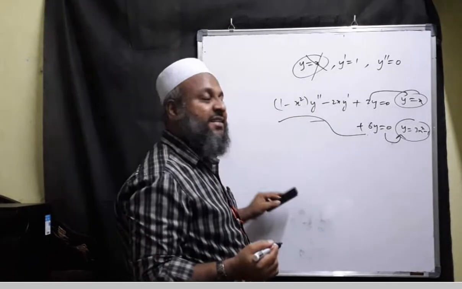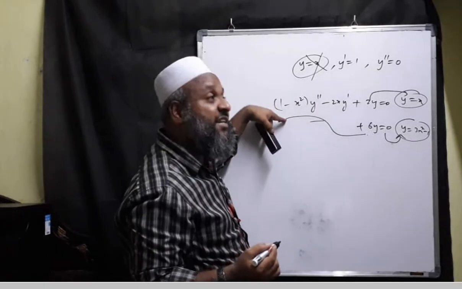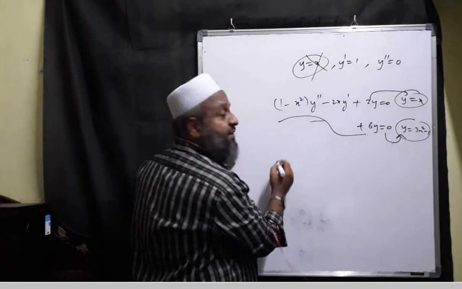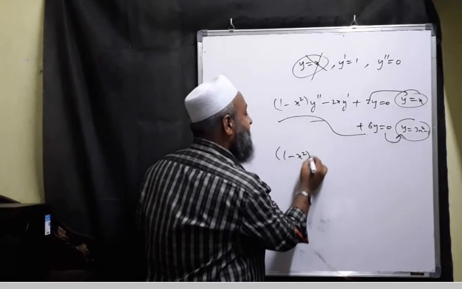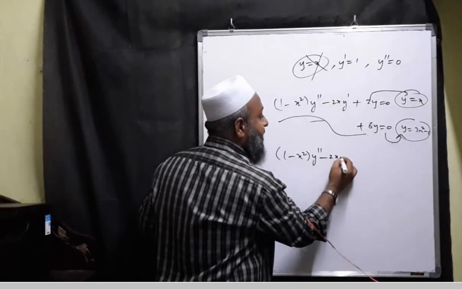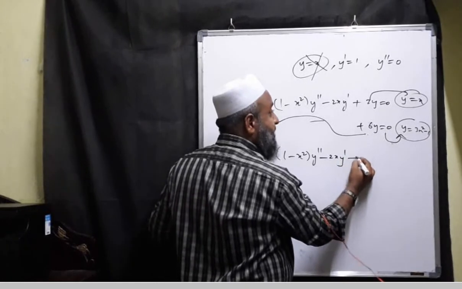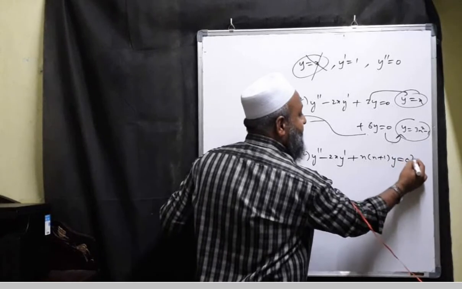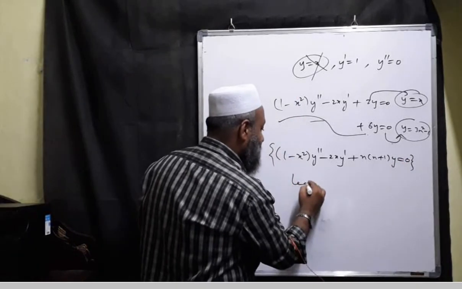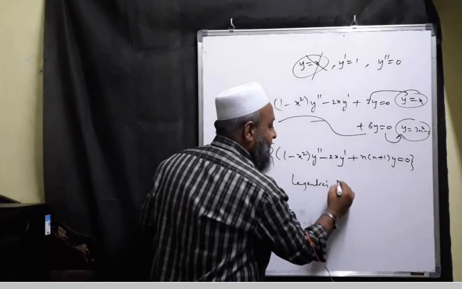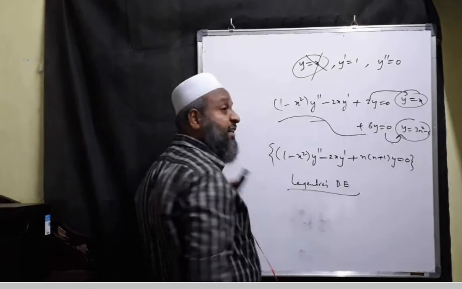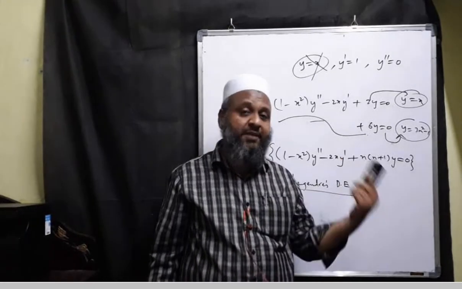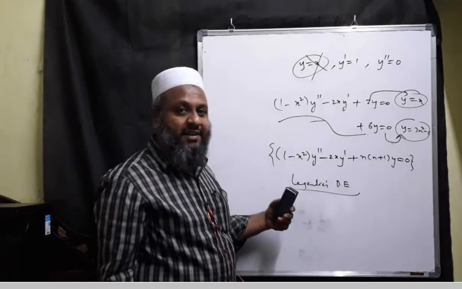The topic is, it is a special case of Legendre's differential equation, that is 1 minus x square into y double dash minus 2x into y dash plus n into n plus 1 of y equal to 0. This is nothing but Legendre's differential equation.